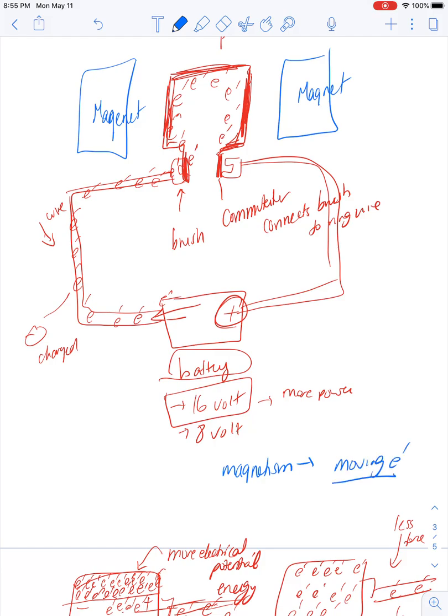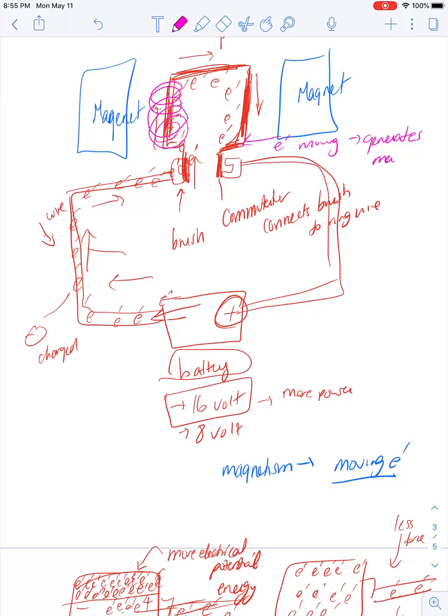And so when these electrons are moving through this wire here, they move up, they move over here, then they move through this ring here. As they move, they are generating their own magnetism. So you can imagine these electrons are moving and they're generating their own magnetism.